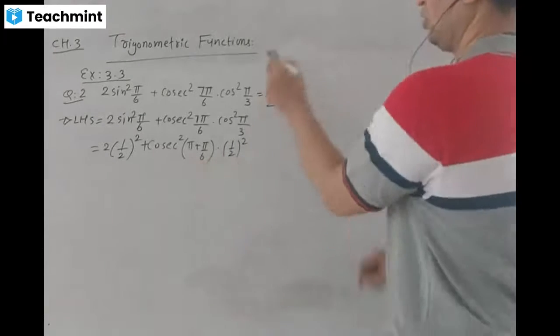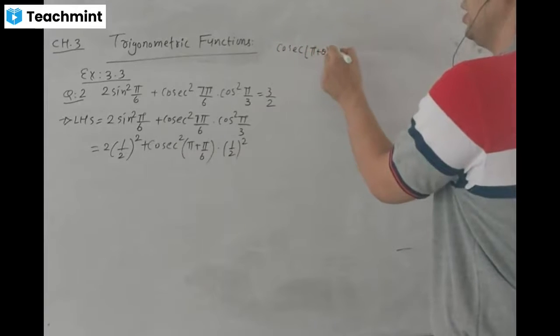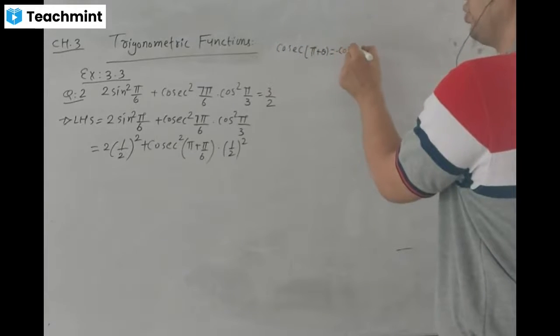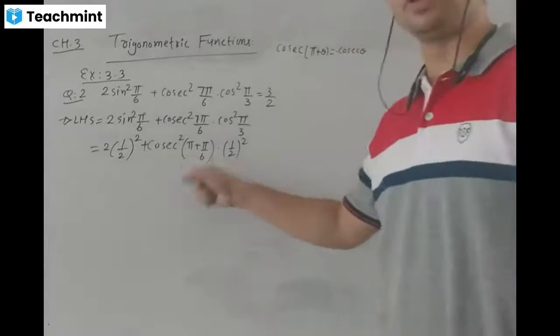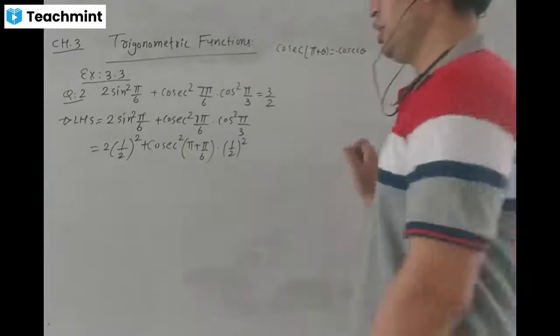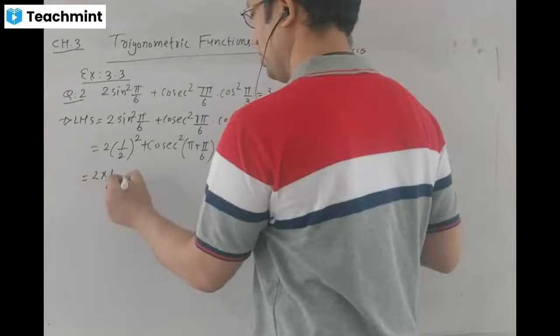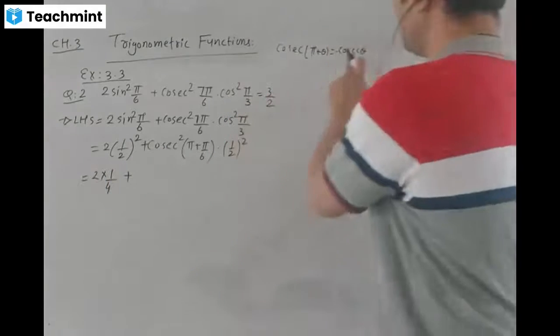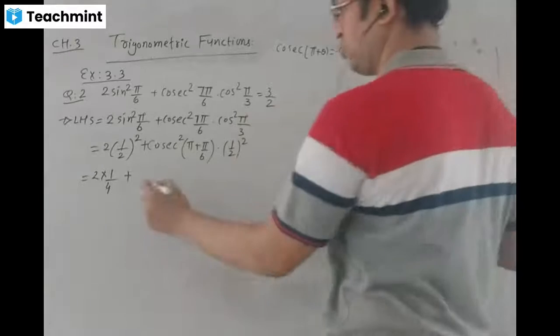The cosec function in the third quadrant, pi plus theta, is equal to negative cosec theta, because the cosec function is negative in the third quadrant. Okay, that value is 2 multiplied by 1 by 4 and negative cosec pi by 6. Cosec of pi plus pi by 6 is negative cosec pi by 6.